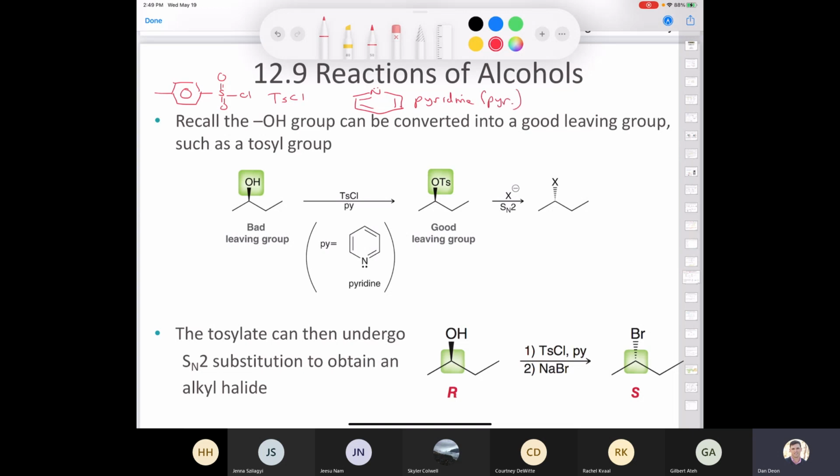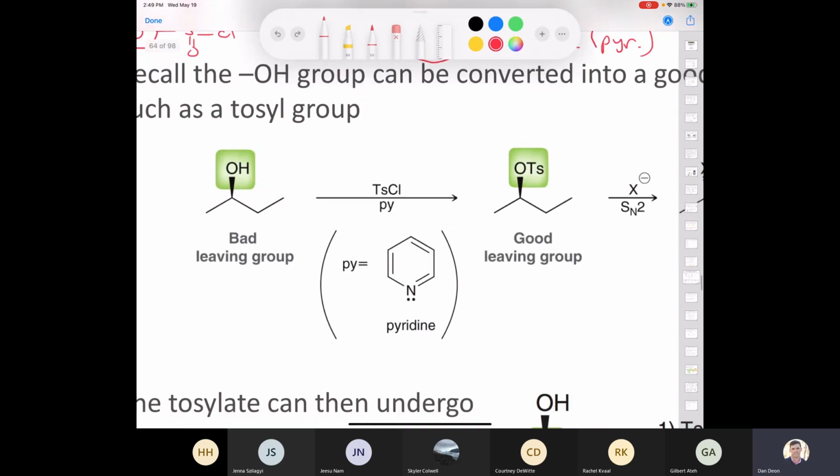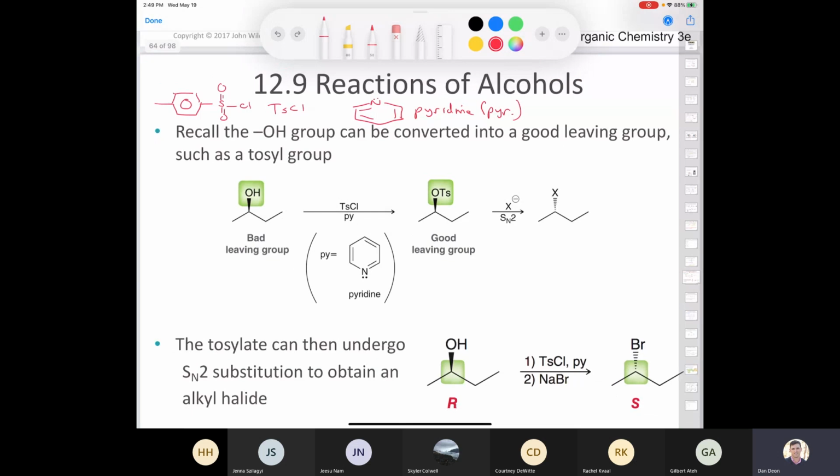Again, if you take that alcohol and treat it with tosyl chloride and pyridine together, you make a tosylate. The tosylate is a good leaving group. Why? Because it's the conjugate base of a strong acid, which would be toluene sulfonic acid.